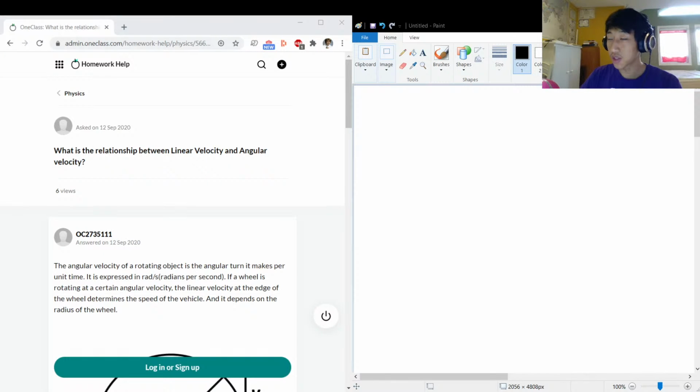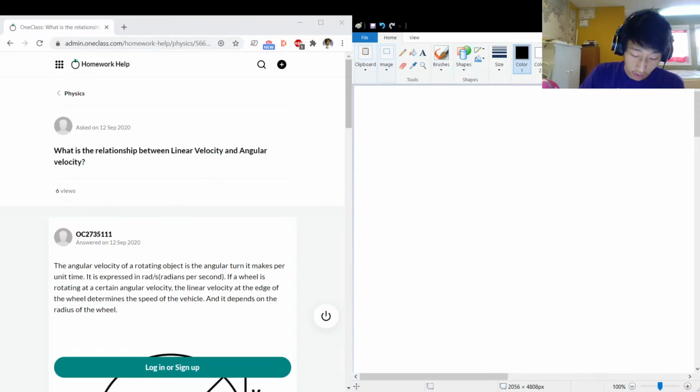Okay, so the next question that we got on the menu today is how do we find the relationship between linear velocity and angular velocity? Well, first let's take a second and actually draw out what these things even mean.